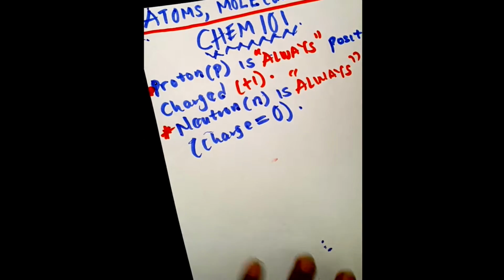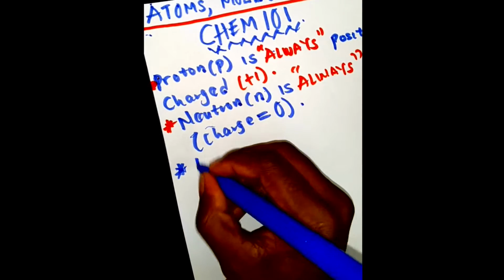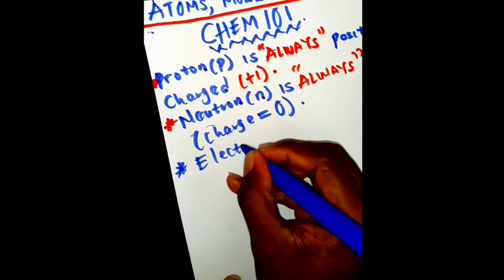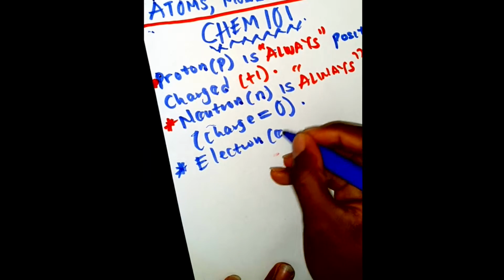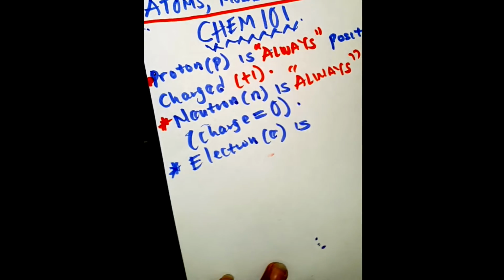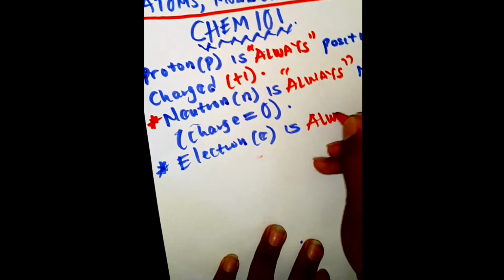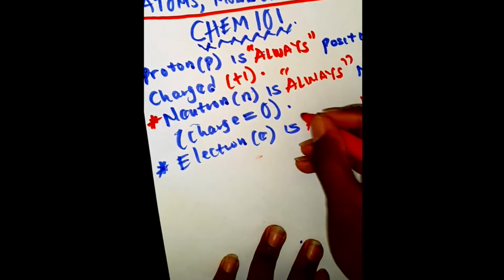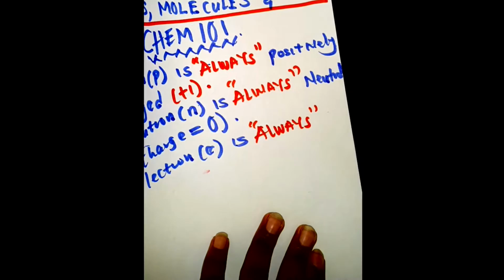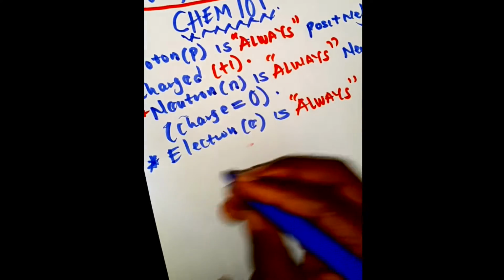And electron, which is the last one, which is E, is always negatively charged.